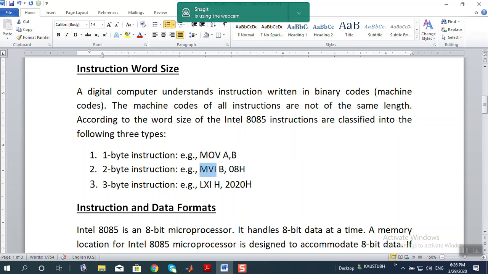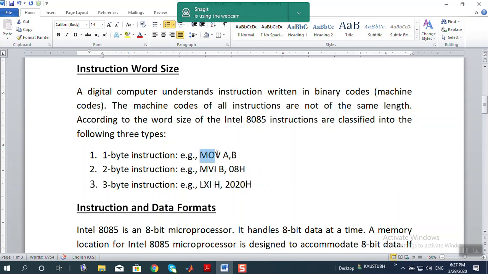MOV, MVI, LXI, these are called mnemonics. Mnemonics are English-like words. They do not have any abbreviation or literal meaning. They are just English-like words for our convenience, for human understanding.